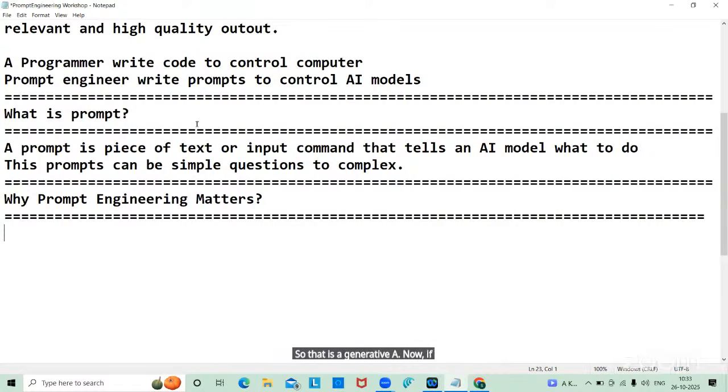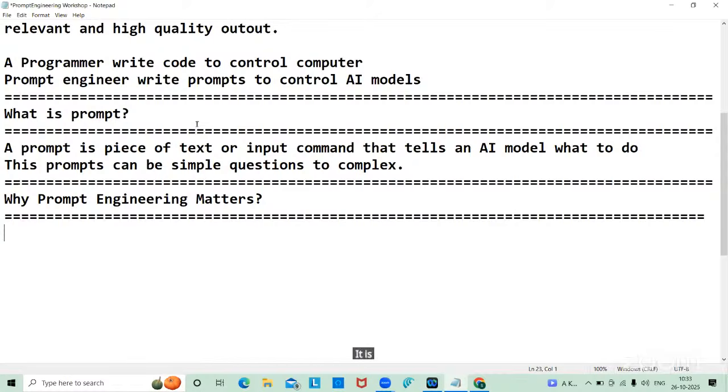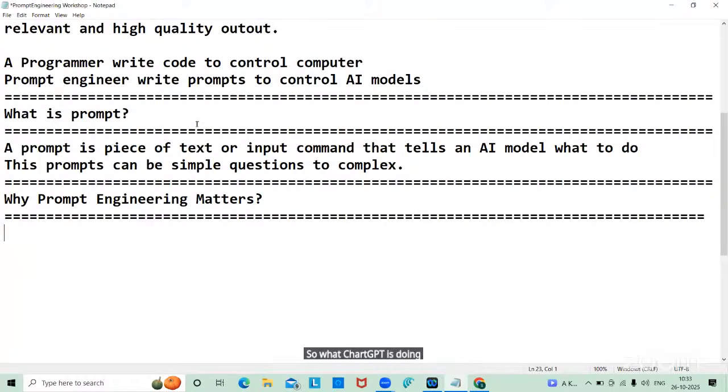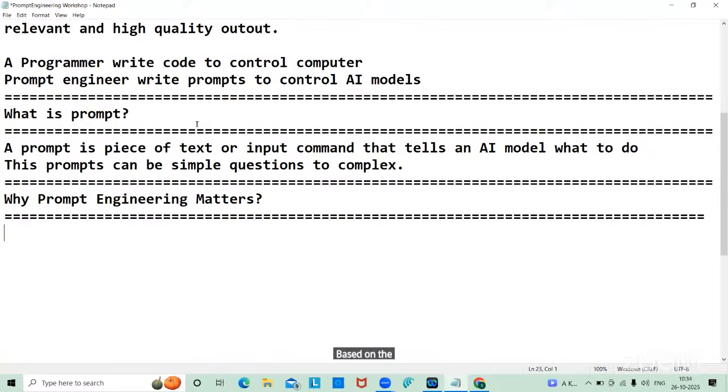Now, if you're talking about ChatGPT, what is ChatGPT? It is a generative AI application, yes or no? Yes. So ChatGPT is generating new text based on the patterns it has learned.